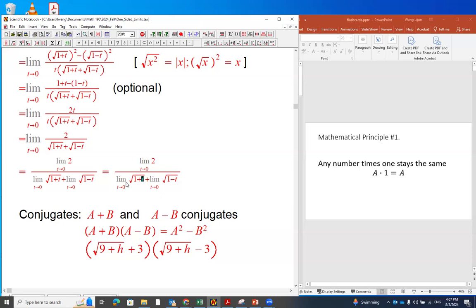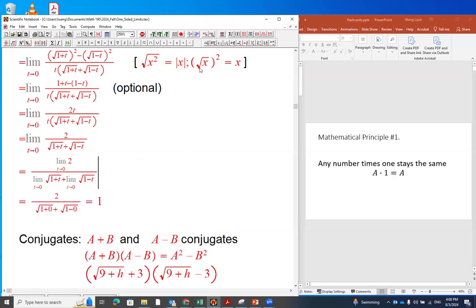So now we can do direct substitution. So I'm going to remove all of these. T is going to be substituted by 0, and this is going to be gone. I don't need them. And this equals 2 over 2. That's going to equal 1. Okay, so if you like to write it this way, hey, why not?